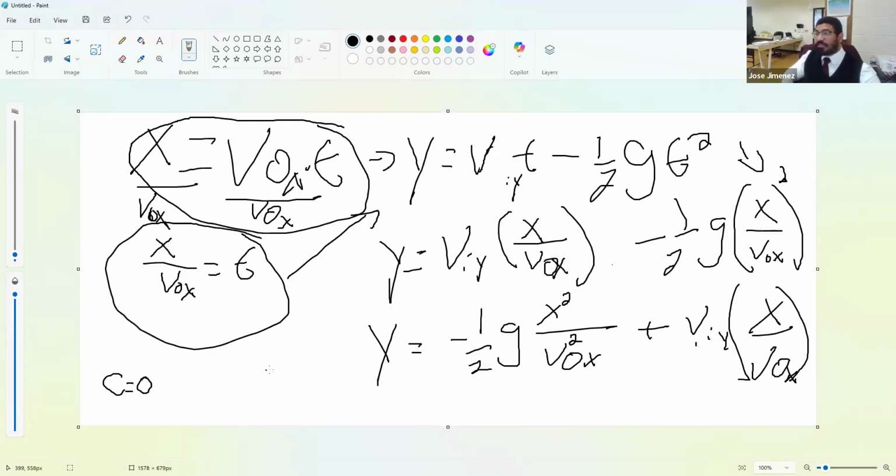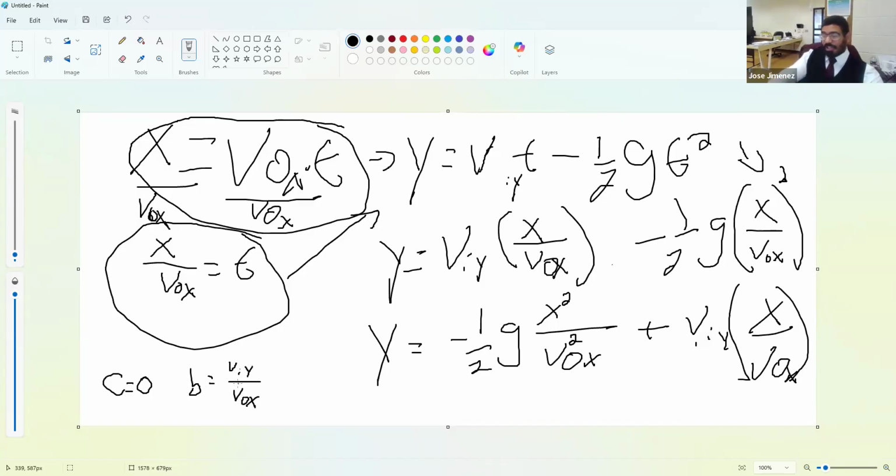And now B is the number that's in front of the variable that replaced t. Keep in mind, it's the one without the x. So B is going to be v initial y divided by v naught x.